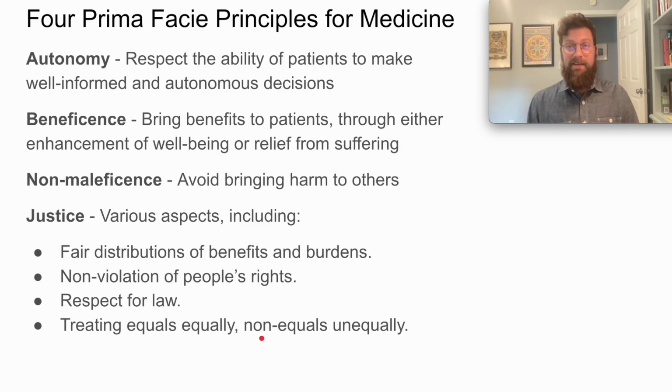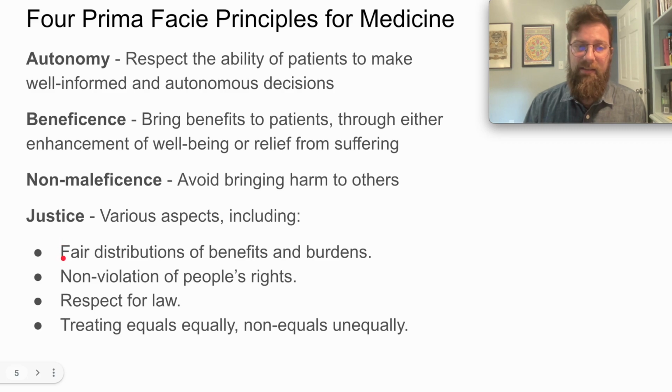So I think that you might already see the way in which these four principles can be really useful in making sense of not only how to work your way through a difficult ethical decision in the context of healthcare, but sometimes it might also help us get a grip on certain debates, right? So we might think about sometimes autonomy and beneficence in competition with one another. Do we do what's best for the patient, or do we do what the patient is asking of us? Or do we give a benefit to a patient even if it breaks certain rules of justice?